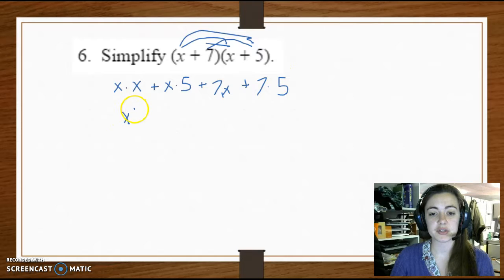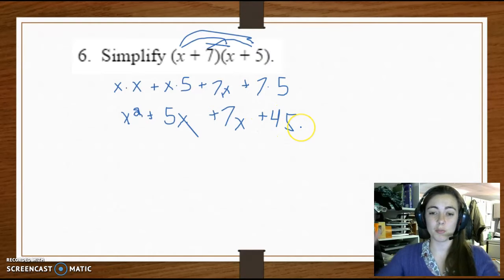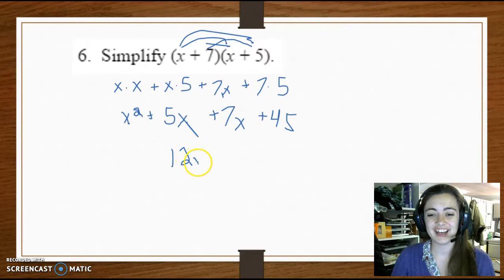You get x squared plus 5x plus 7x plus 45. Now, combining like terms, 5x plus 7x is 12x, and you still have x squared plus 12x plus 45.